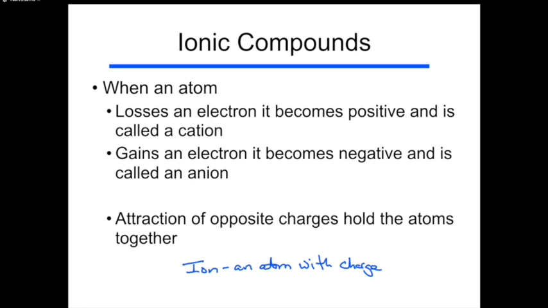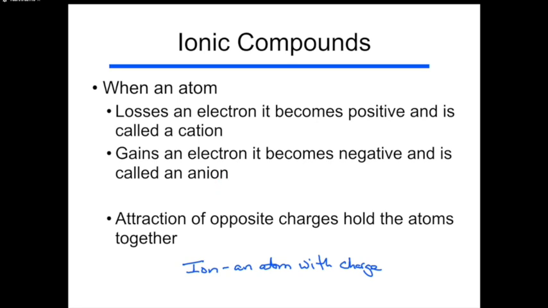When an atom loses an electron, it has more protons than electrons, and it becomes positive overall. It's called a cation. When an atom gains an electron, it'll have more negatives, more electrons than protons, so it will become negative, and it's called an anion.